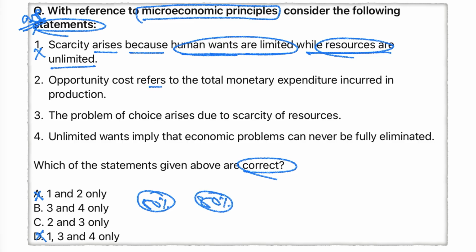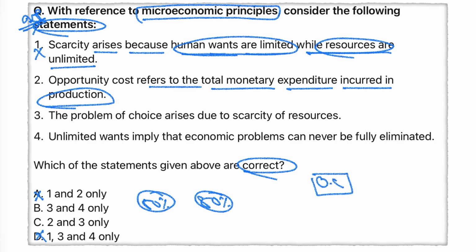Opportunity cost refers to the total monetary expenditure incurred in production. It's wrong. I have already told you that opportunity cost is related to what you produce, that is your income.